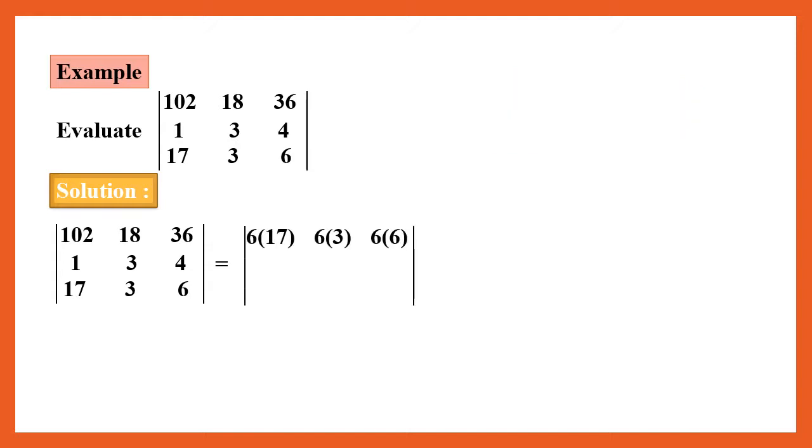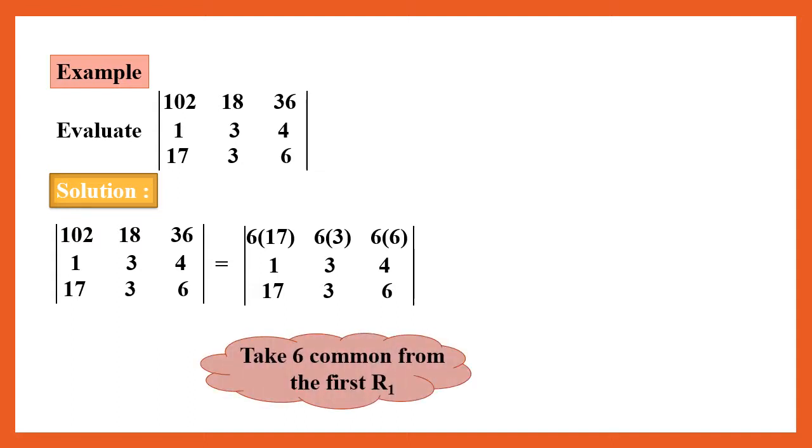So we can take out 6 from each element and write it as: 102 can be written as 6 into 17, 18 can be written as 6 into 3 and 36 can be written as 6 into 6. Rest of the rows we will keep as they are.